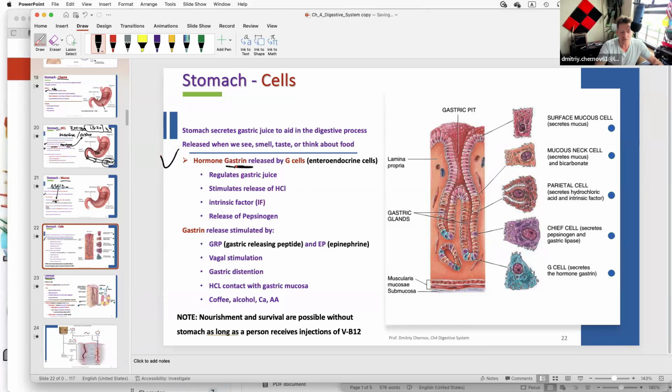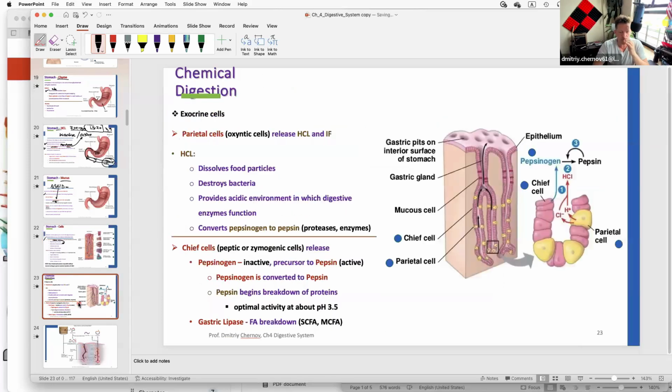So gastrin. G cells, right? The hormone gastrin regulates or stimulates release of hydrochloric acid. An interesting factor that will be important later. Pepsinogen. Yes, I want to explain this process.